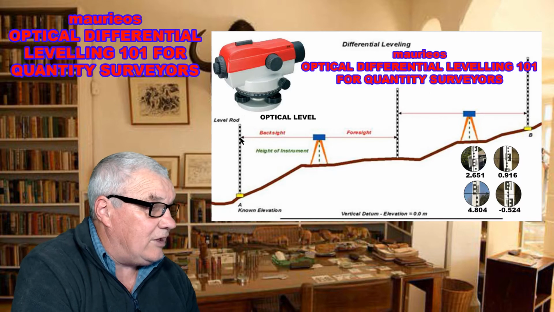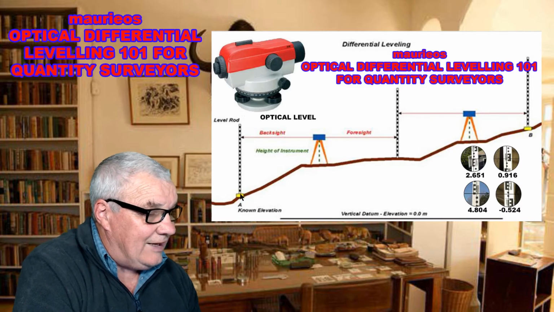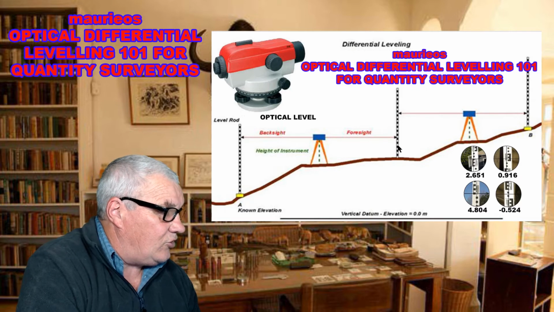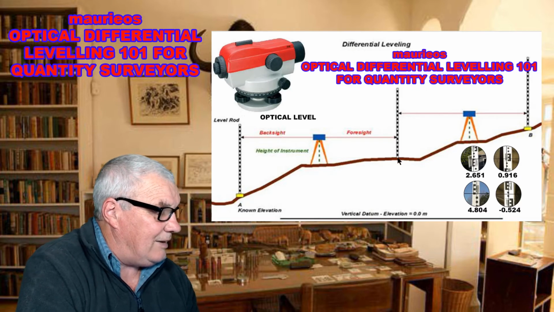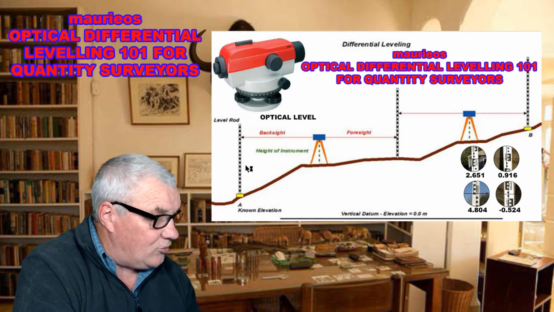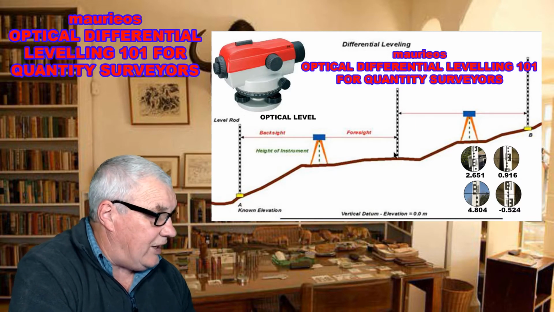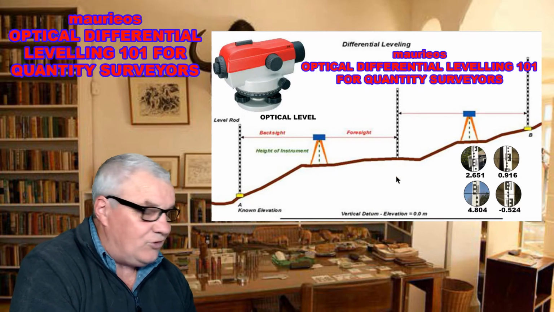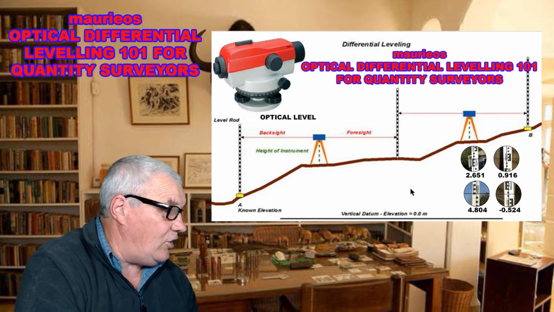So you're measuring this distance below the plane to this peg A, and this distance below the horizontal plane to this position here. The difference between those two readings will give you the difference in height.